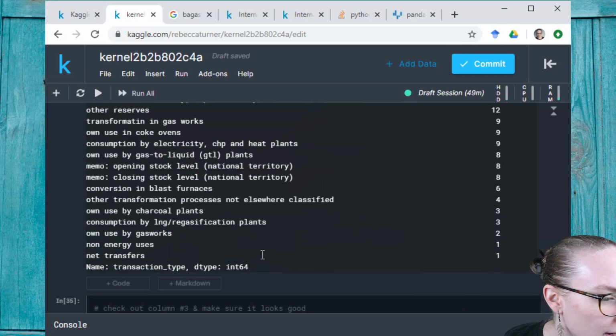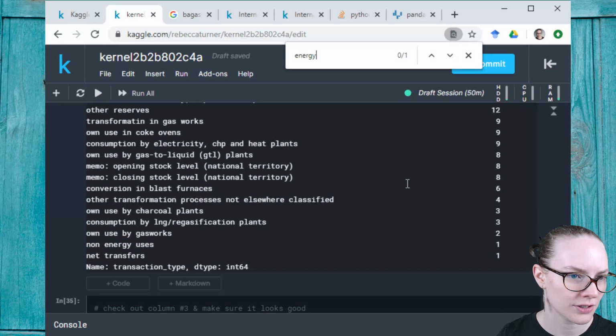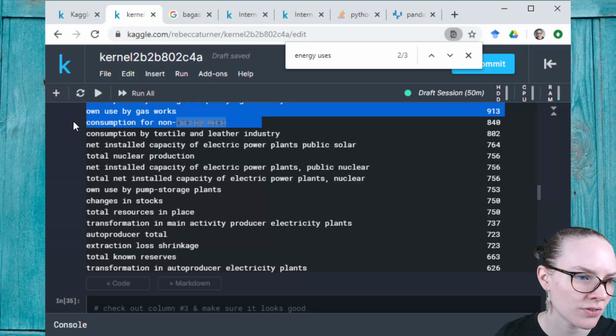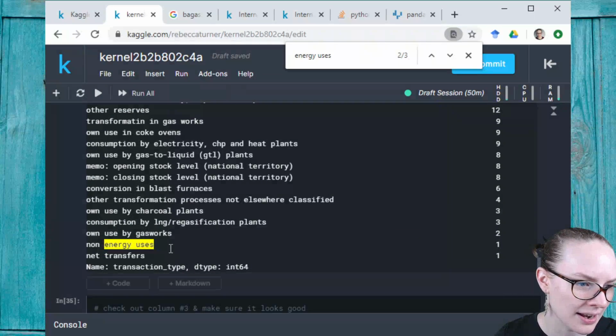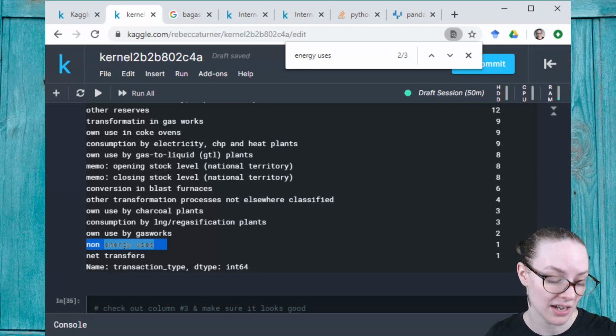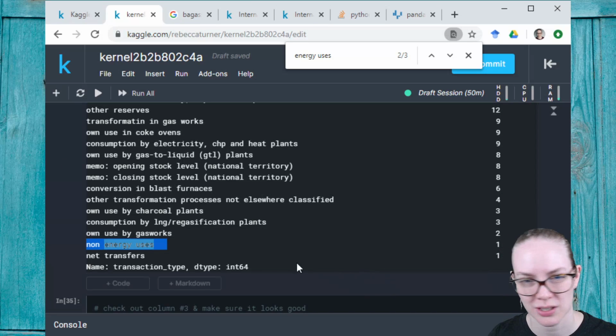All right. Let's look at energy uses. Is there just one of those? Okay, so consumption for non-energy uses and non-energy uses should probably be the same thing, I'm guessing. Well, I guess it could be production for non-energy uses, so maybe that's something we shouldn't touch.